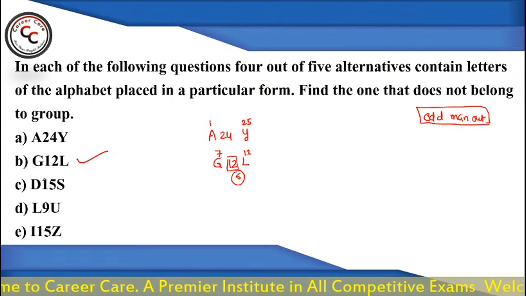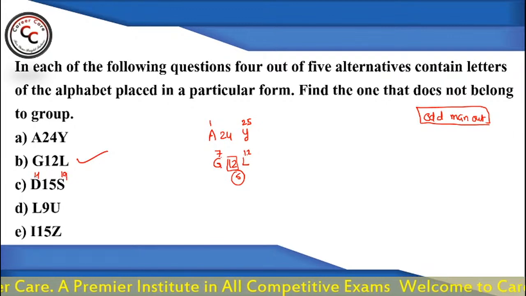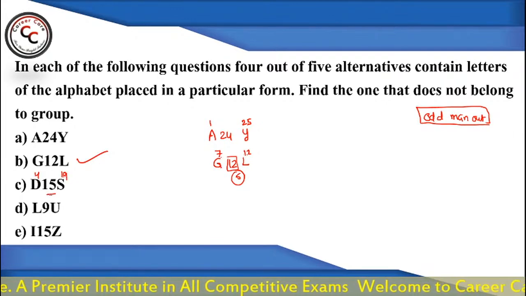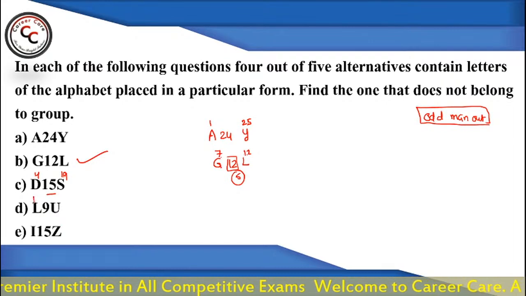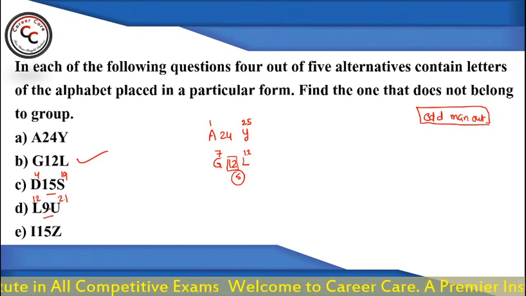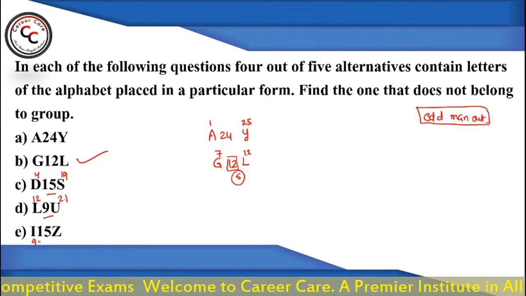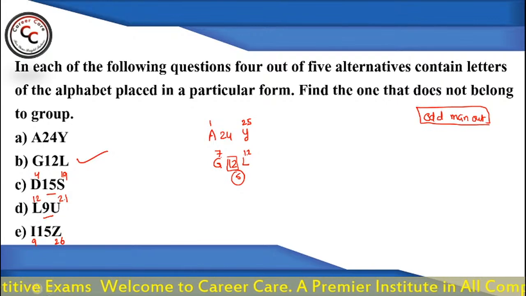Similarly, if I check the other ones, D 15 S: D position is 4, S position is 19, 19 minus 4 is 15. L position is 12, U position is 21, 21 and 12, the difference is 9. Similarly, I position is 9, Z position is 26.